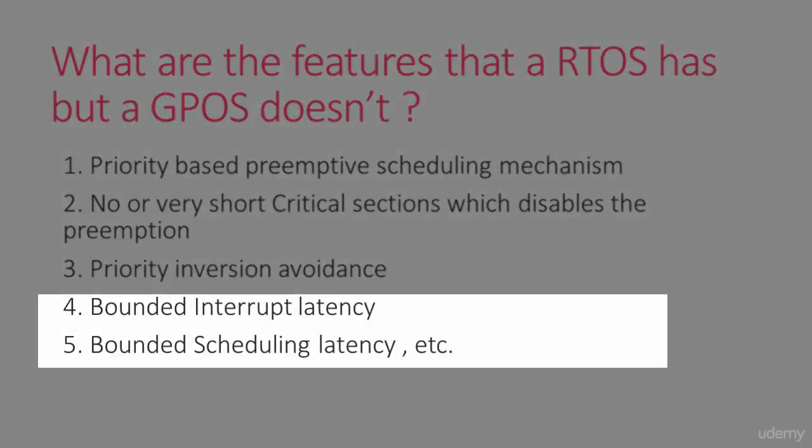And RTOS always has bounded interrupt latency as well as bounded scheduling latency. But in the case of GPOS, the interrupt latency and task scheduling latency may vary significantly due to the complexity of the system as well as due to the increase in system load as time elapses.